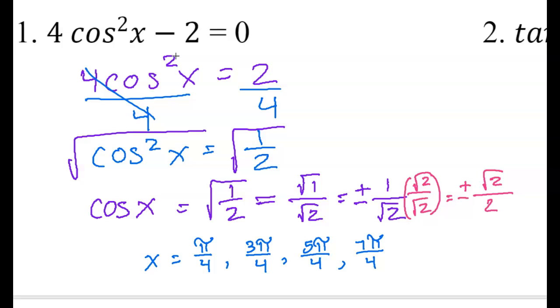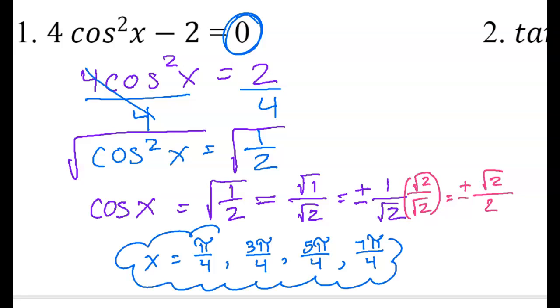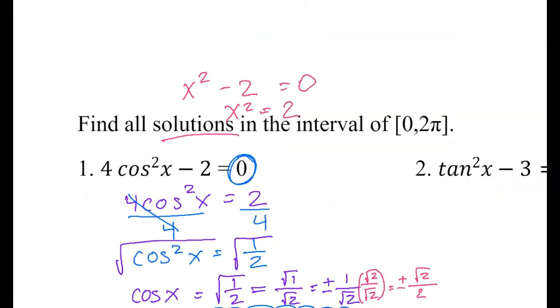All right. So this type of problem is where you have specific solutions that make your statement true, right? We're trying to find out for which angles does 4 times the cosine squared of x minus 2 equal 0. We're finding a specific set of solutions, versus what we're about to do.